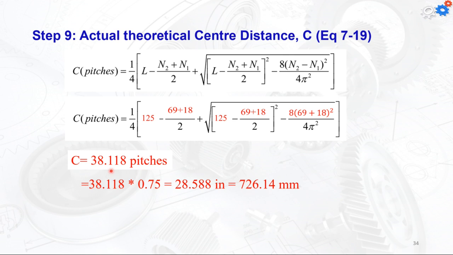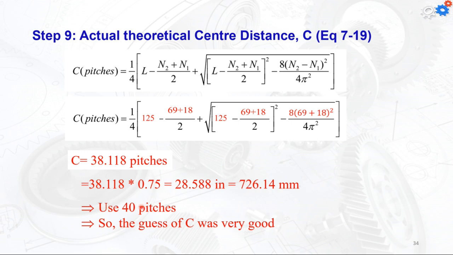But anyway, the 38.11 pitches is going to be equal to 25.6 inches if I multiply that by the pitch value. And if I multiply it by 19.05, I will get 726 millimeters. That will be the center to center distance, the actual one. Now we're going to use 40 pitches, so the guess was very good.